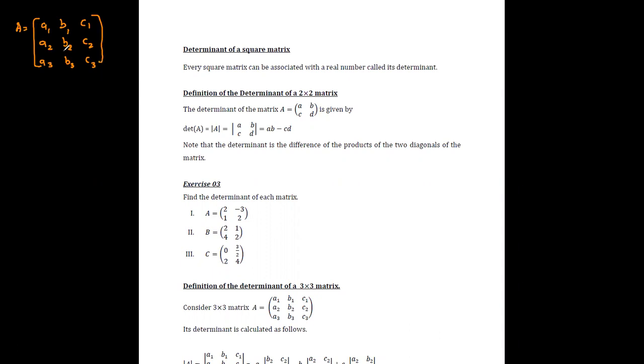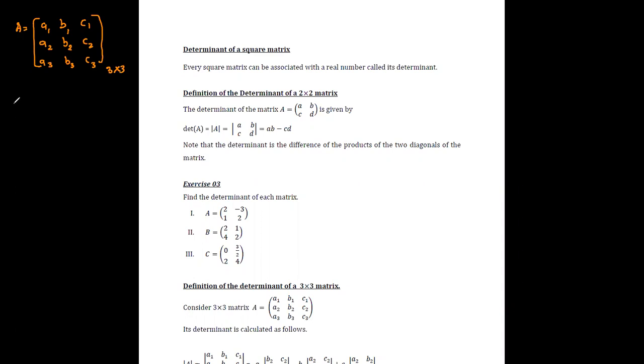We will use this notation because it is easier for identifying the elements. Otherwise, if I use Aij notation for all the values, it would be somewhat of a mess for understanding the concept. Therefore, I am using this format of notations to write down the elements of matrix A, which is a 3 by 3 matrix.